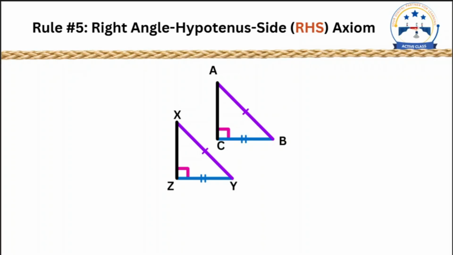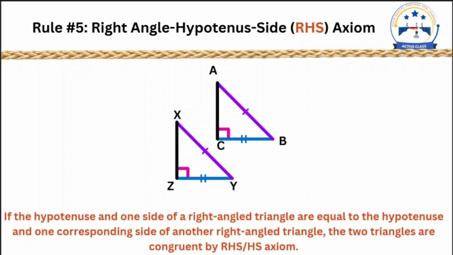As per RHS axiom, if the hypotenuse and one side of a right-angle triangle are equal to the hypotenuse and one corresponding side of another right-angle triangle, the two triangles are congruent by RHS or HS axiom.